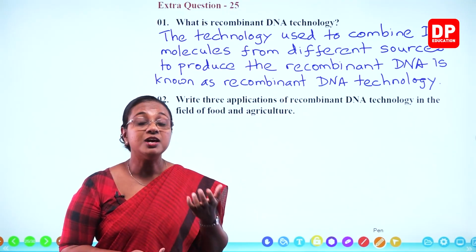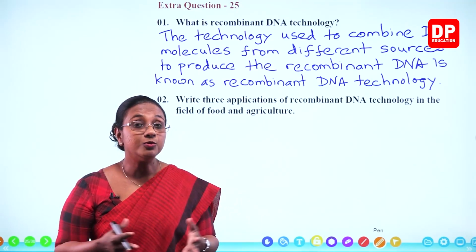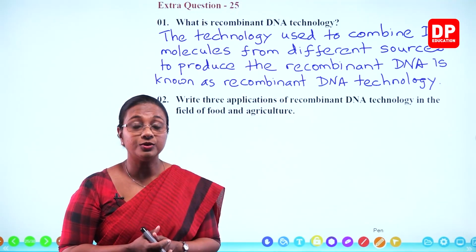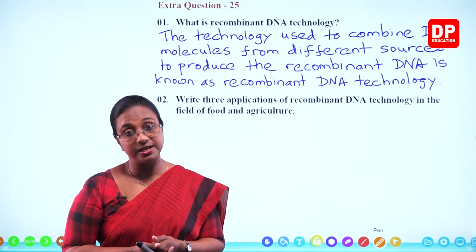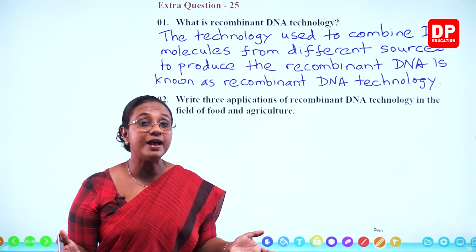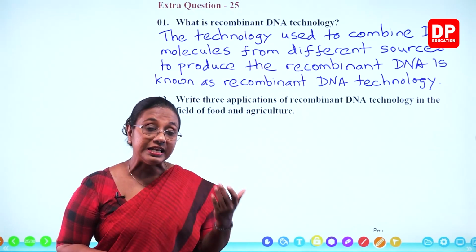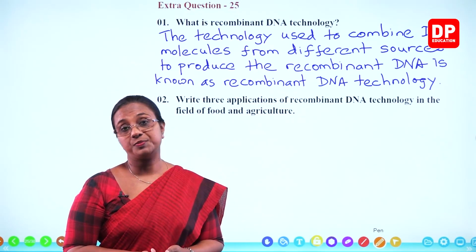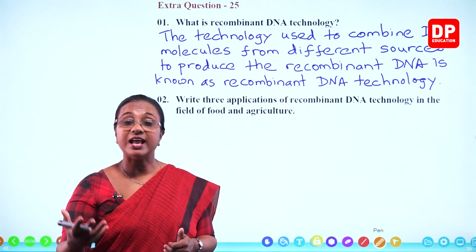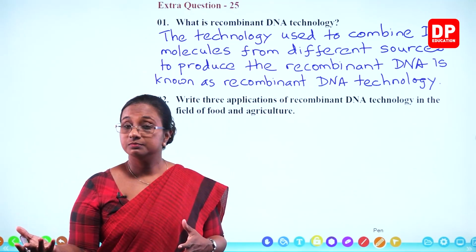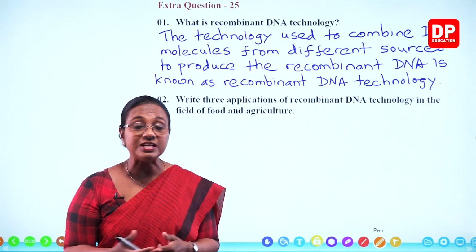Then you can have weedicide-resistant crops. You can produce golden rice. You know what golden rice is? Rice enriched with vitamin A, golden rice. Then you can have tomatoes that are resistant to cold weather. You can increase the yield of crops. You can produce more yield. And also you can have cattle that can produce more milk, cattle that are more fleshy.